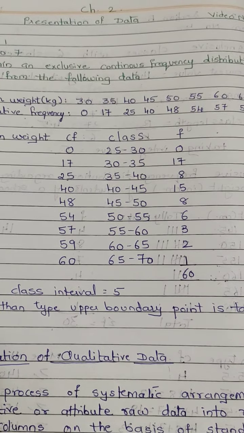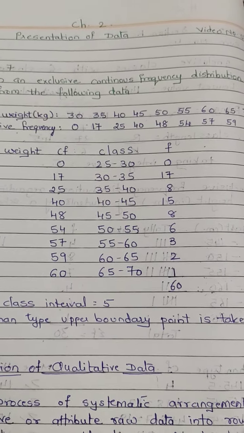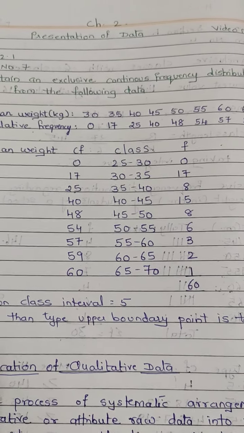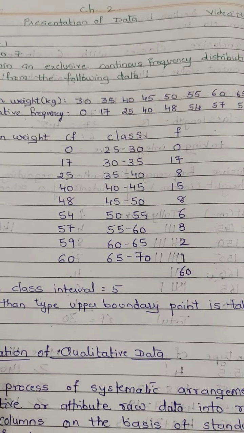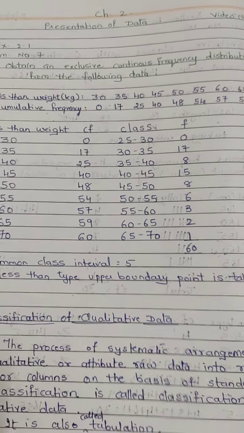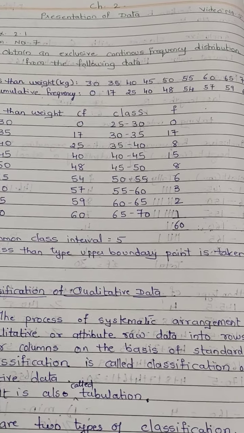And the last one 60 minus 59, 1. This is how we obtain our original frequency distribution from less than type of cumulative frequency distribution.